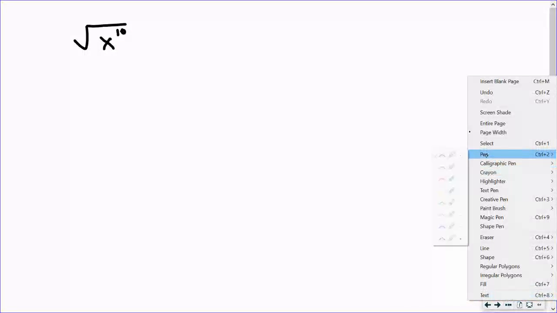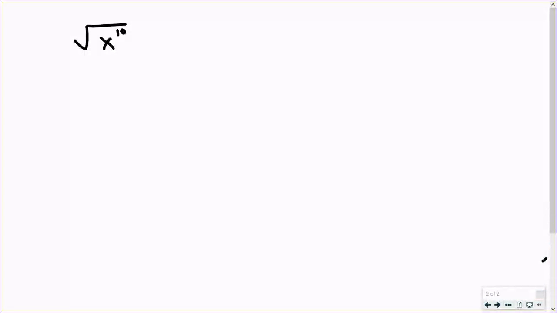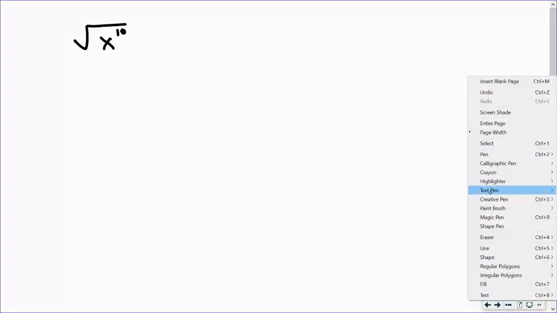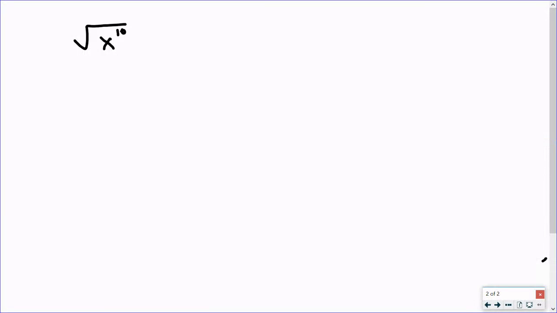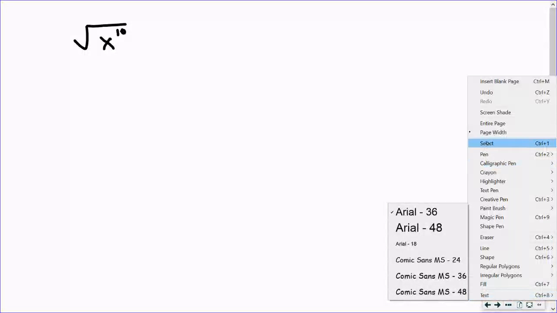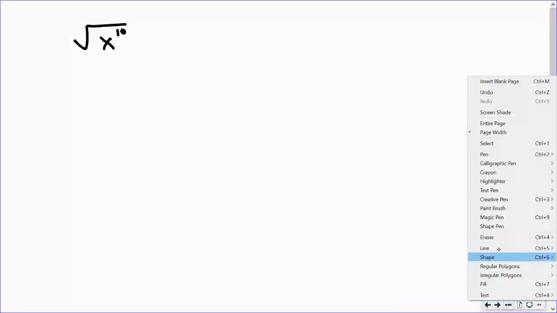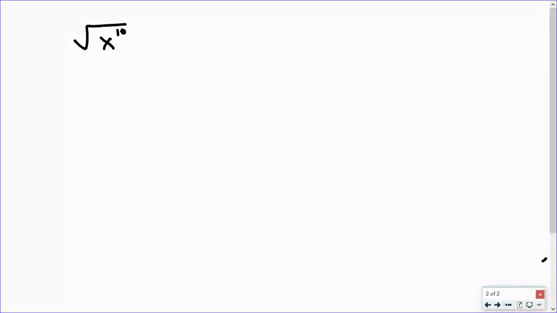Now let's start adding some variables in here. Now remember, when I take x to the, let's take it to the 10th, when I take anything like this, I'm going to look for the biggest number that will go in there.